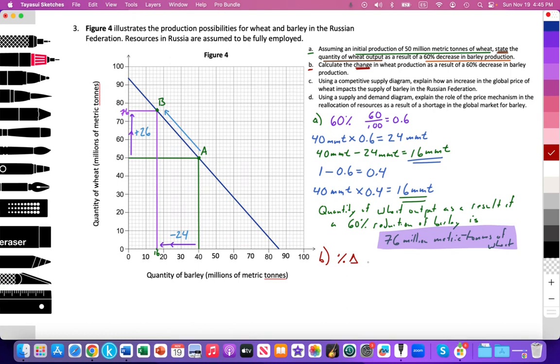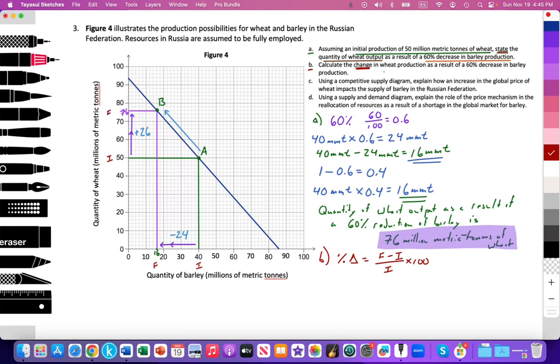Okay, so percent change is a formula. It is the final value minus the initial value divided by the initial value times 100. So we should make some notes here. Here we have 40, which is the initial value for barley, and 50, the initial value for wheat. And then we go to the final value of wheat production.